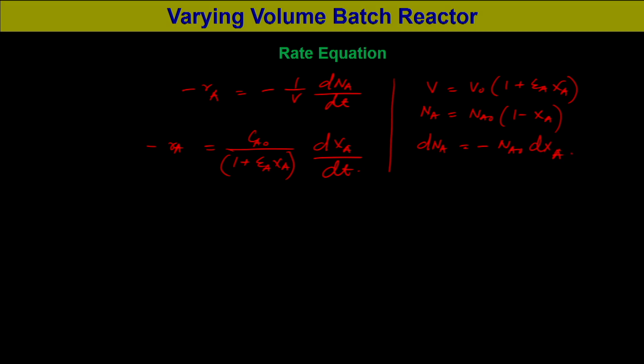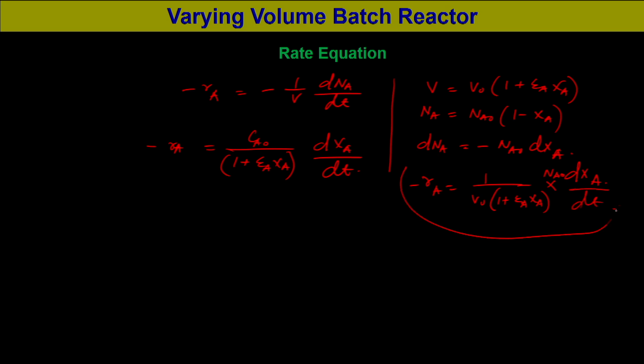If we substitute these two over here, then we will get minus rA is equal to 1 by V naught into 1 plus epsilon A Xa into Na naught into dXa/dt. Na naught by V naught is Ca naught. So, Ca naught by 1 plus epsilon A Xa into dXa/dt.